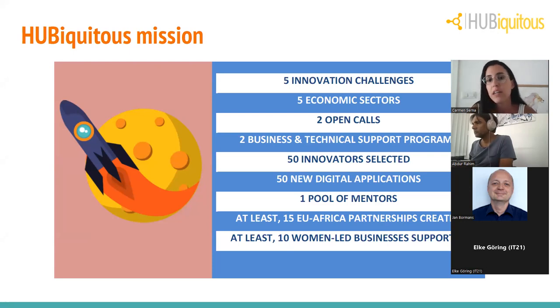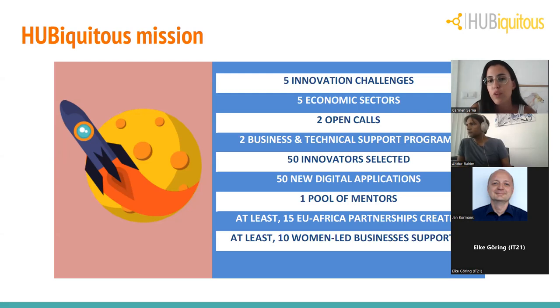And in total, the idea is to run 2 business and technical support programs, these accelerator programs, to support a total of 50 innovators. So 50 entrepreneurs, 50 startups, SMEs who have an IoT solution that they want to put in the market, okay?